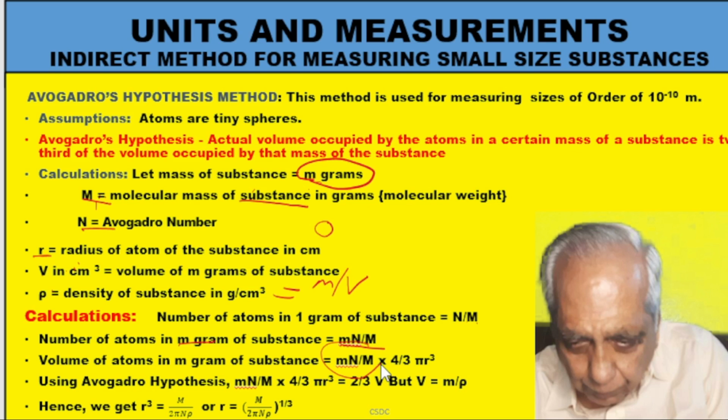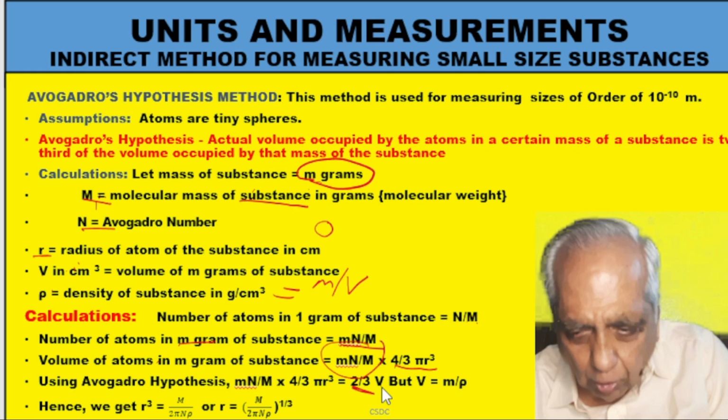Now I will use Avogadro's hypothesis that the total volume of my atoms is 2/3 of the volume of my substance. The volume of substance was V, and since rho is m upon V, V would be m upon rho from this equation. Substituting the value of V as m upon rho and doing the algebra, you will get r is equal to (3m upon 8 pi N rho) raised to 1 upon 3.